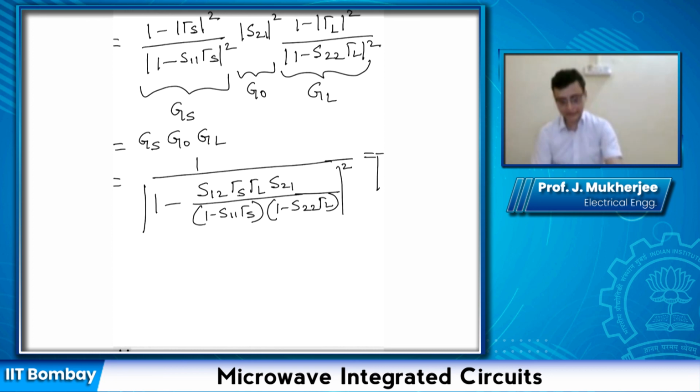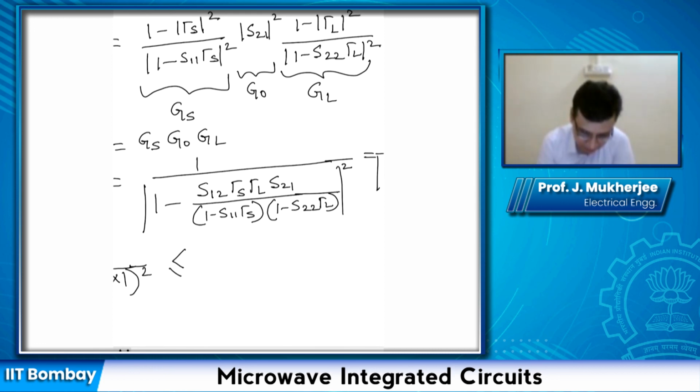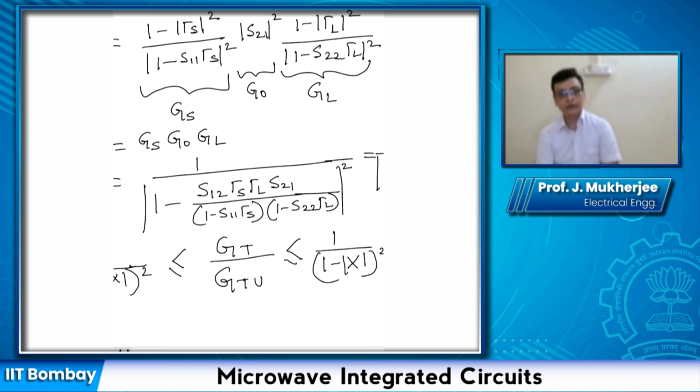Then the maximum and minimum values of this ratio are given by this.